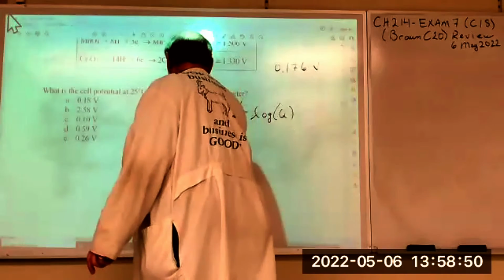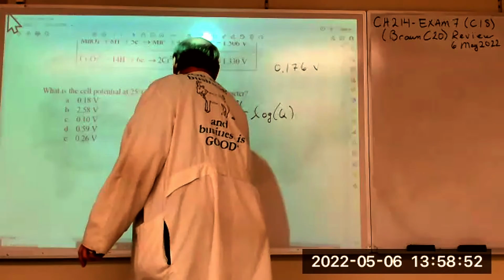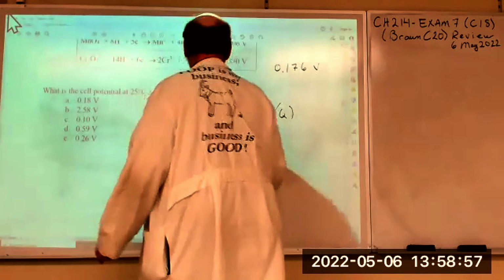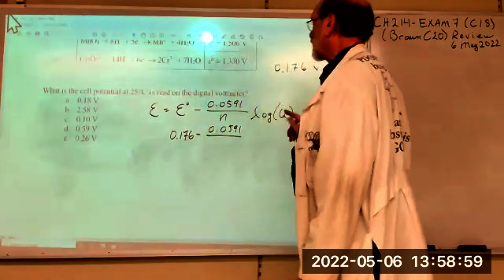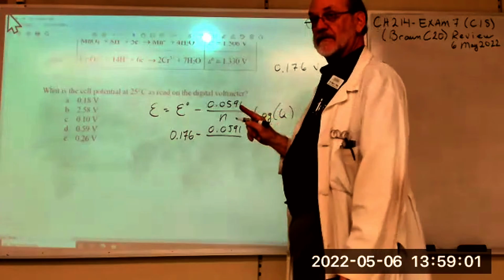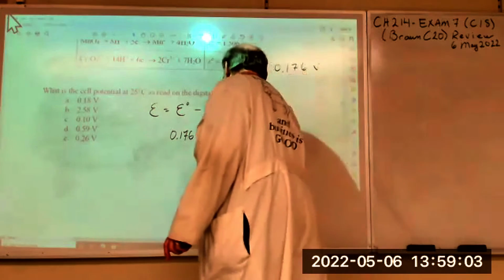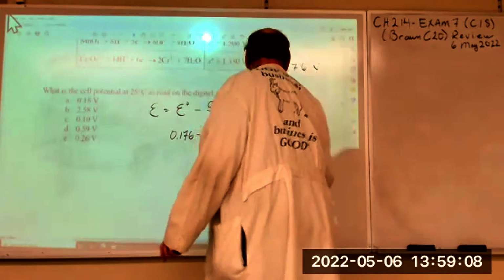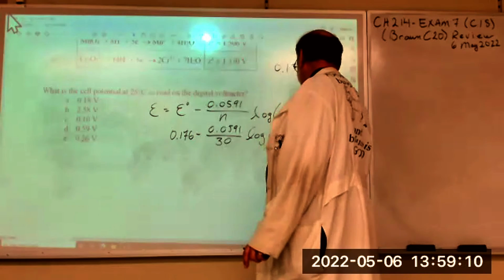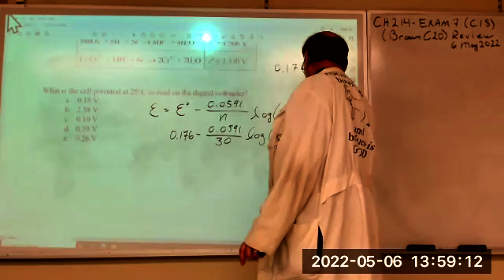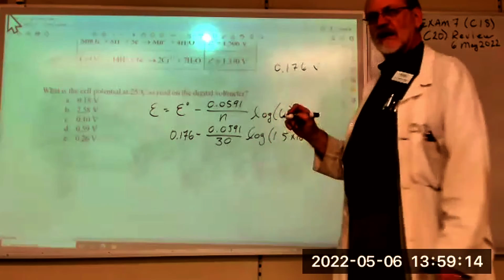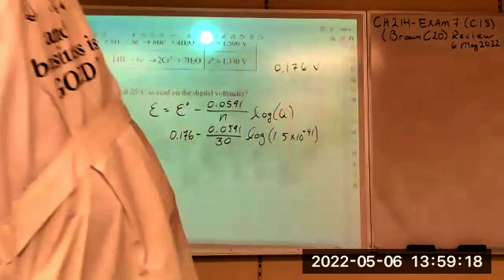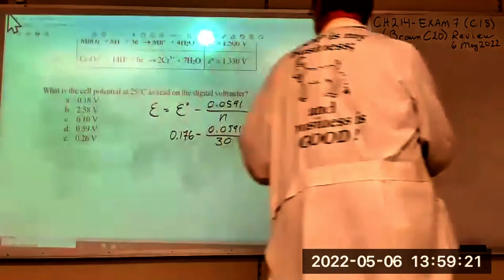So this is 0.176 minus 0.0591. And the number of electrons transferred, that's what we need. 30, wasn't it? Yep. Okay, and then log of Q, which was 1.5 times 10 to the minus 41, wasn't it? Yes, yes. Okay, so that should give us the actual voltage on the meter.